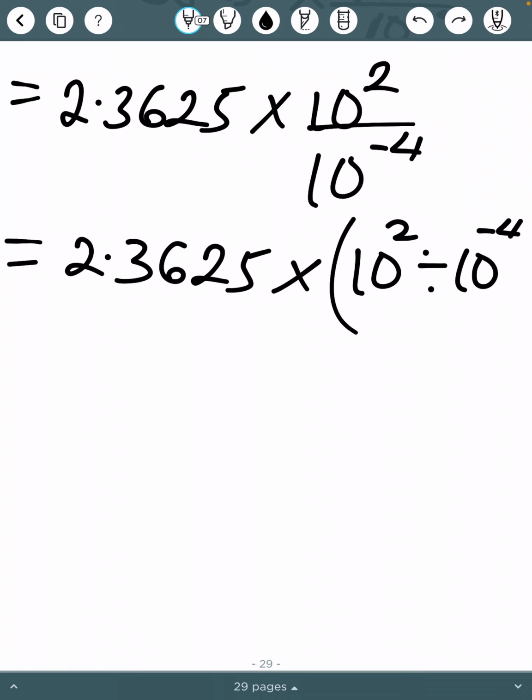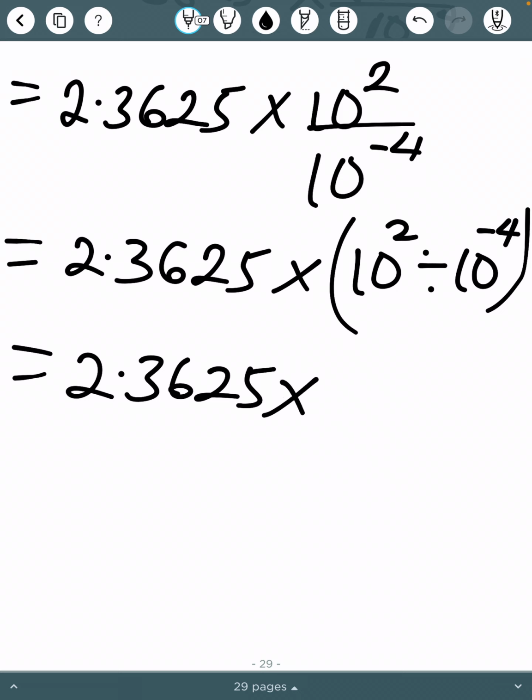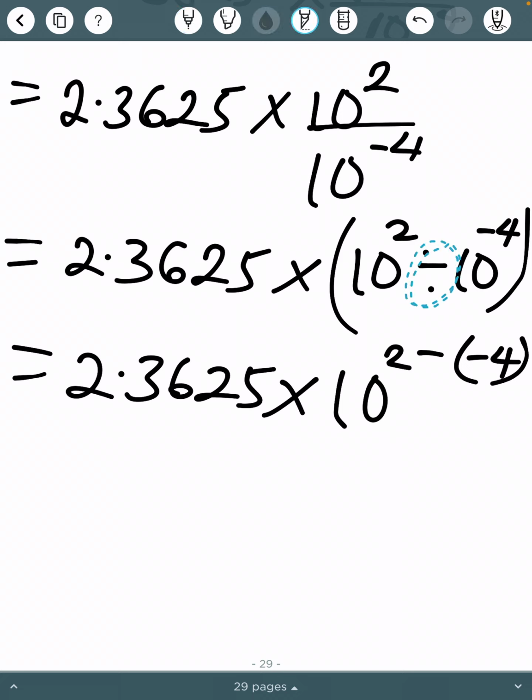This is supposed to be very clear, so it won't be confusing. That's 2.3625 times 10 raised to power 2 minus minus 4. I'm dividing here, so I should subtract my indices. But this is already negative, so I'm doing minus minus 4.